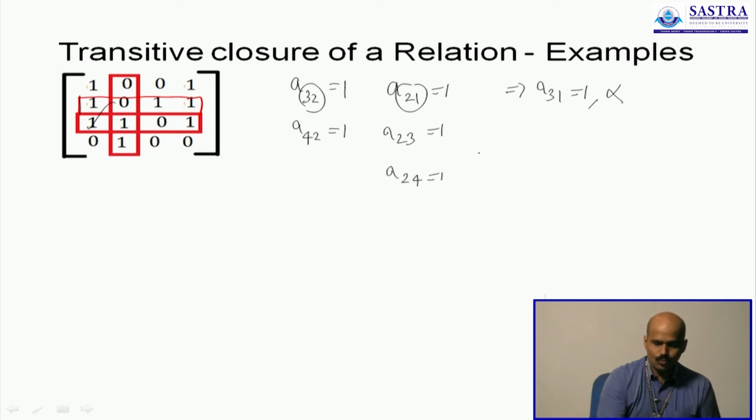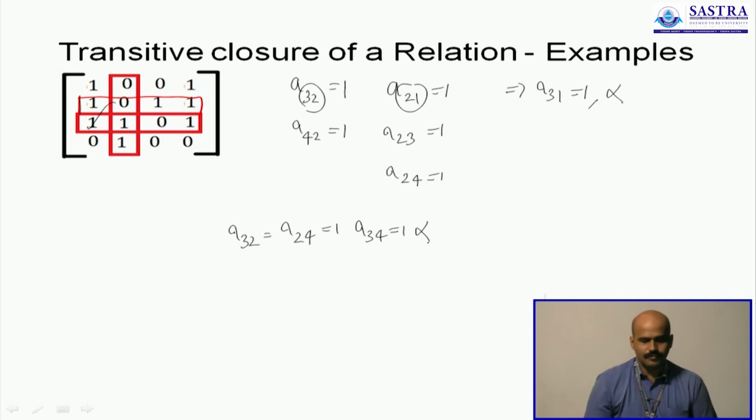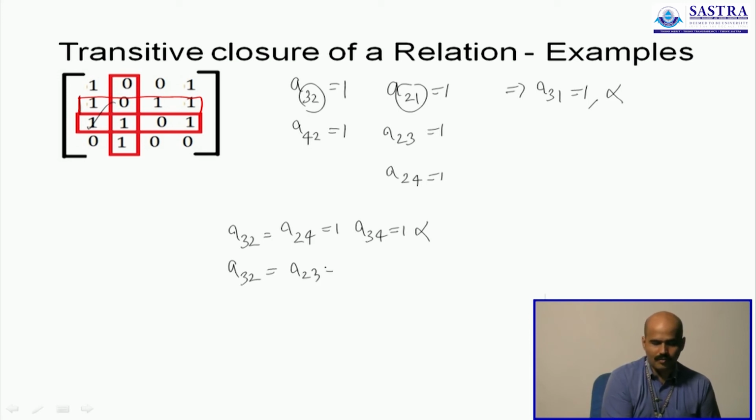A32 and A24 are 1s, which means A34 is a 1, that's again a no change. But you have other changes here. A32 and A23 are 1, which will mean that A33 is a 1, that's one change for you.